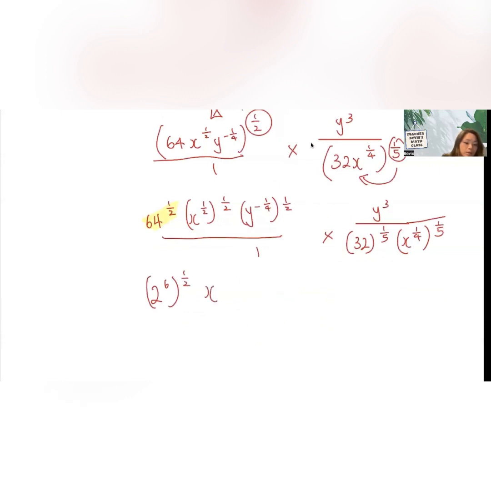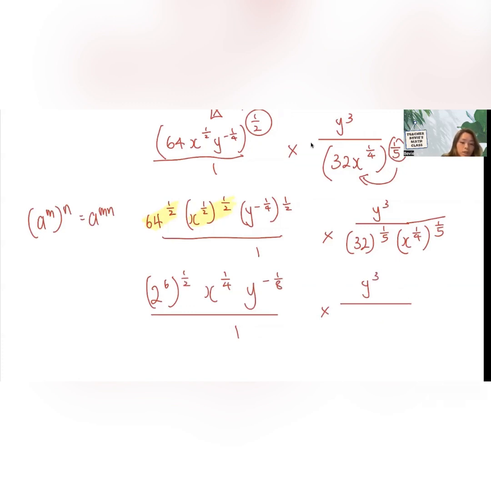For the indices over here, I can use the law of indices, a^m to the power of n gives me a^(mn). It's a multiplication of the powers, and that gives me x to the power of 1/4, y to the power of minus 1/4 times half, which gives me minus 1/8, whole thing over 1 times y cubed over 32.